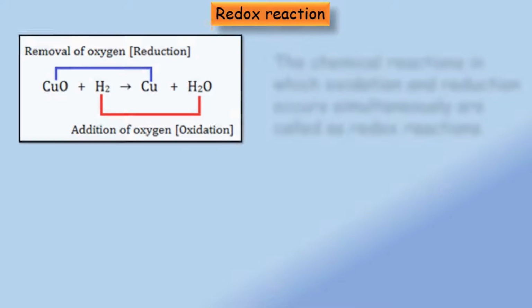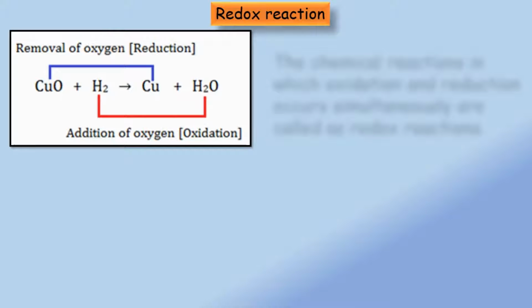Let us learn redox reaction. Here, as you can see in the reaction, when hydrogen gas is passed over black copper oxide, a reddish colored layer of copper is formed, and the reaction can be written as CuO plus H2 gives Cu plus H2O.